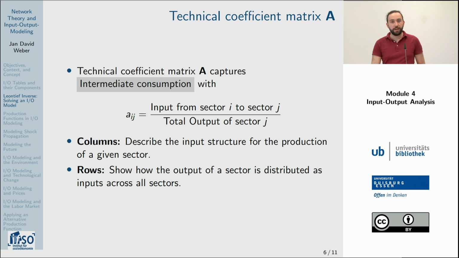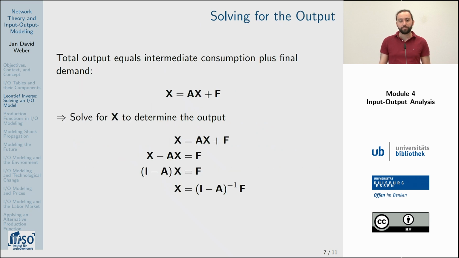So we kind of transform the set matrix that we had into an A matrix by making things more relative compared to the total output of a specific sector. So in columns, we now have the input structure for the production in a given sector. And in the rows, we have how the output is distributed as inputs across all sectors. So we can more easily trace relative input shares throughout the economy.